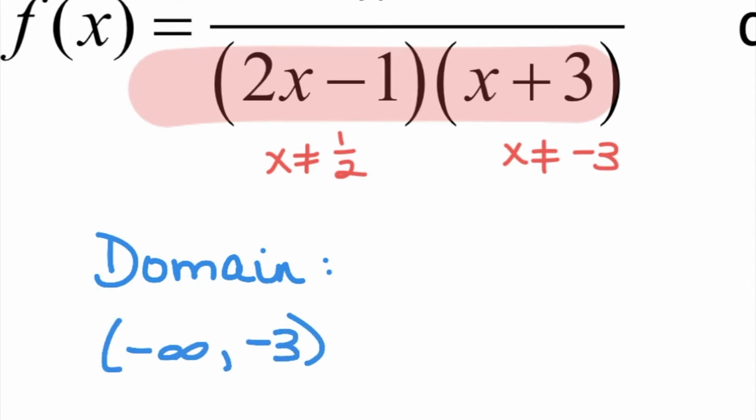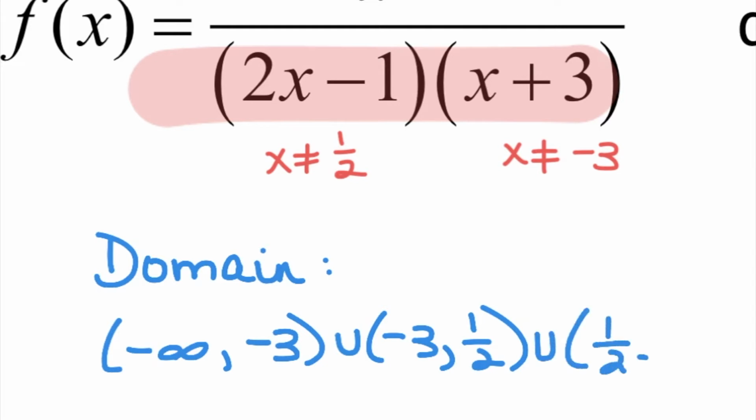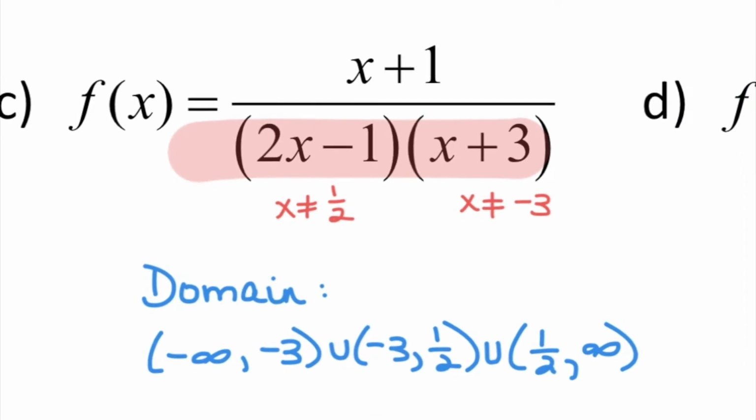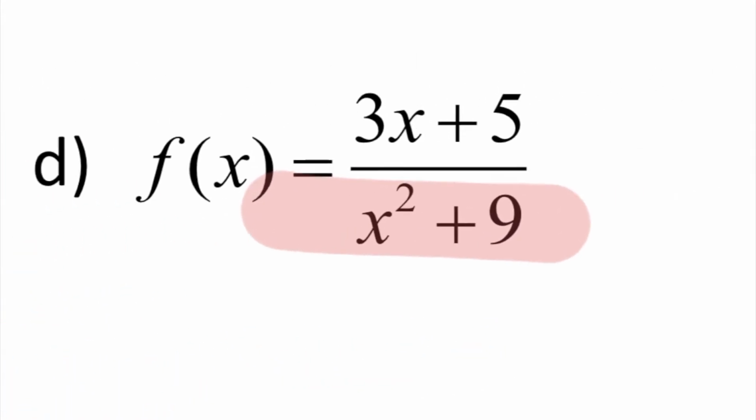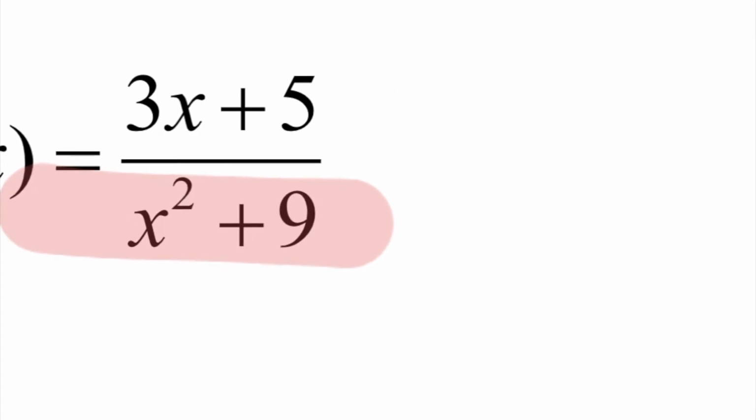You always have to do the smaller number first. Negative 3 to positive 1/2. And then positive 1/2 to positive infinity.